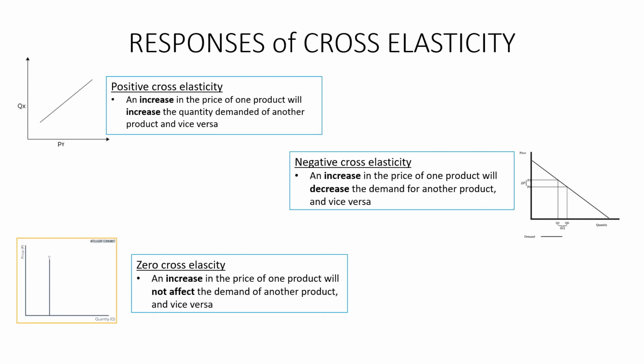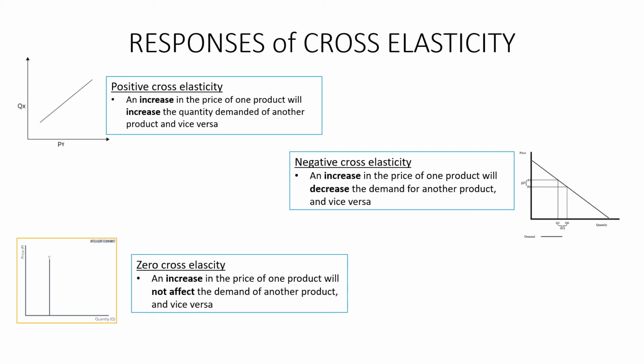There are three types of responses of cross elasticity, which are positive cross elasticity, negative cross elasticity, and zero cross elasticity. As we can see, positive cross elasticity is when an increase in the price of one product will increase the quantity demanded of another product and vice versa. As we can see, the straight line is going up forward.